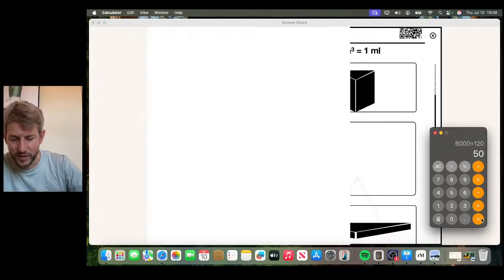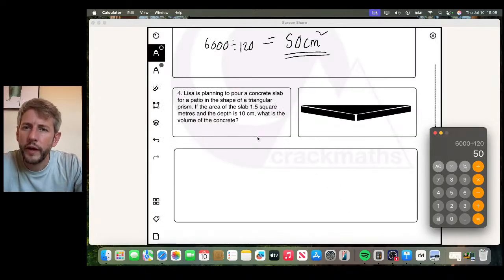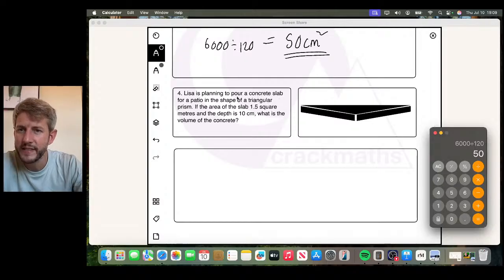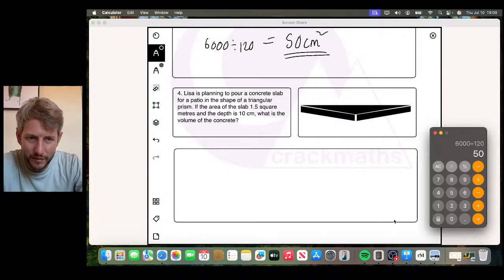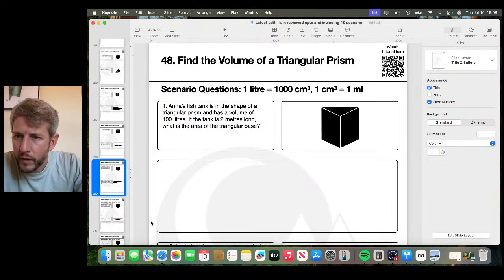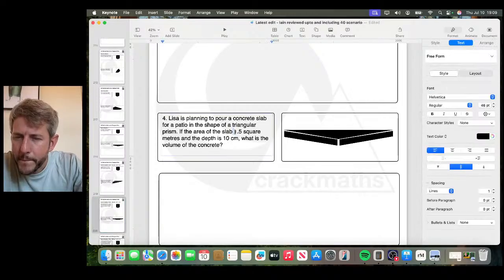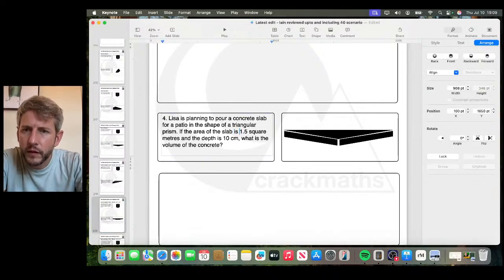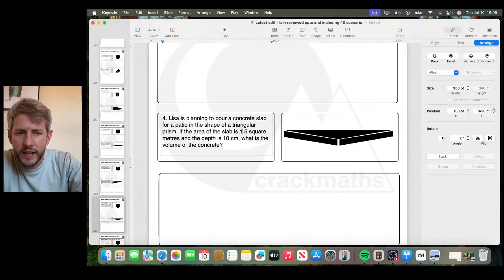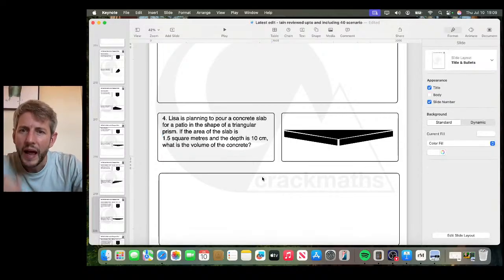Right, question 4. We've got here, Lisa is planning to pour a concrete slab for a patio in the shape of a triangular prism. If the area of the slab is, I missed out the word is, and I need to press enter there, is 1.5 square meters, and the depth is 10.